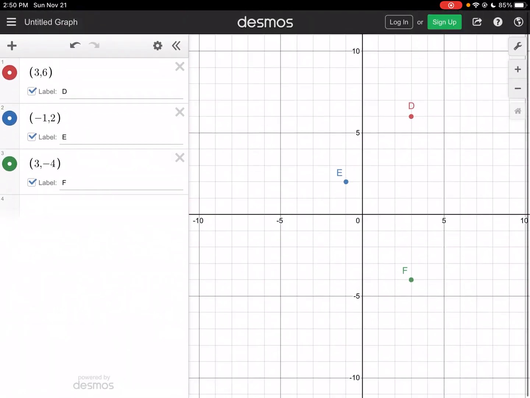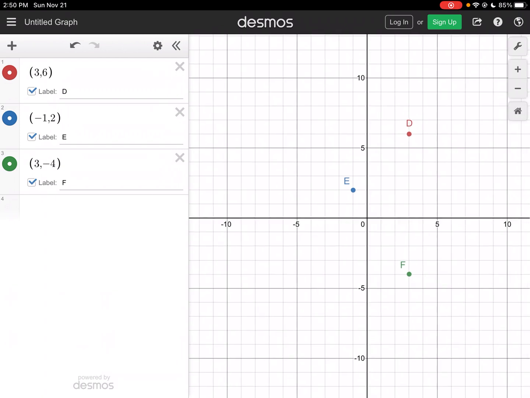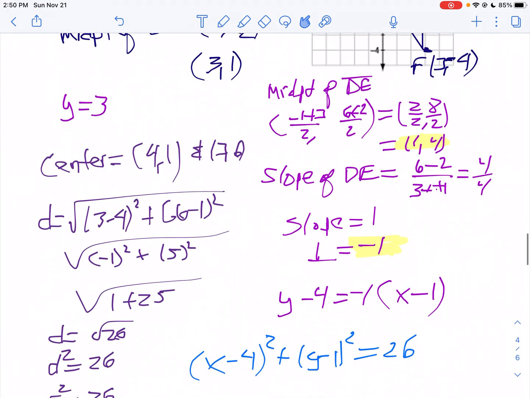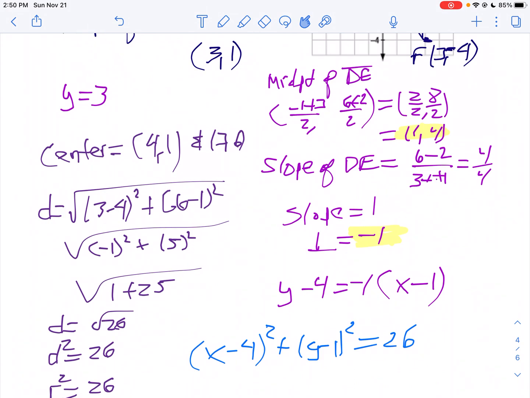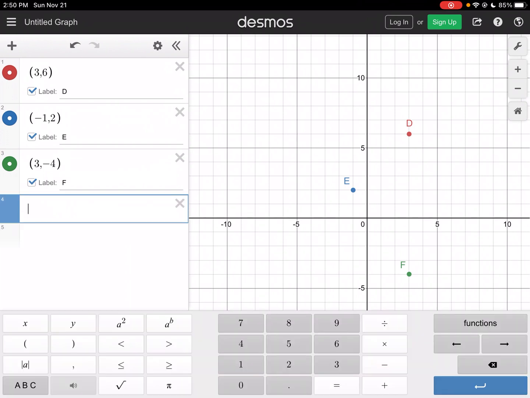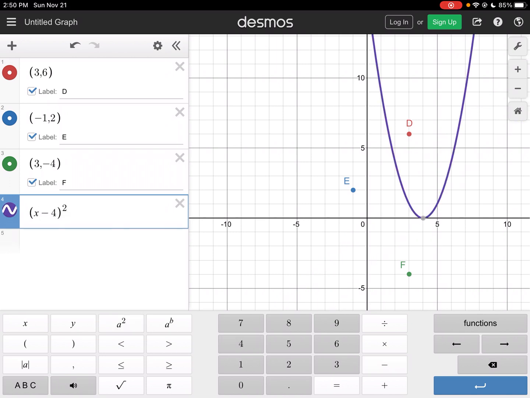So now I got my 3 points. Now let's write the equation of our circle. So the equation of our circle is x minus 4 squared plus y minus 1 squared equals 26.